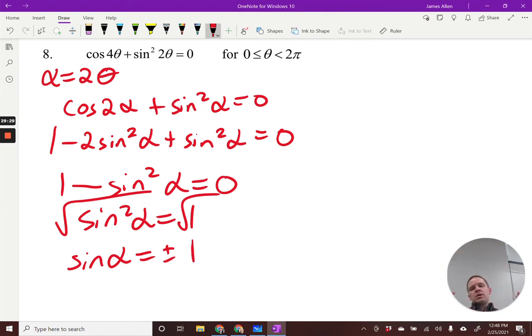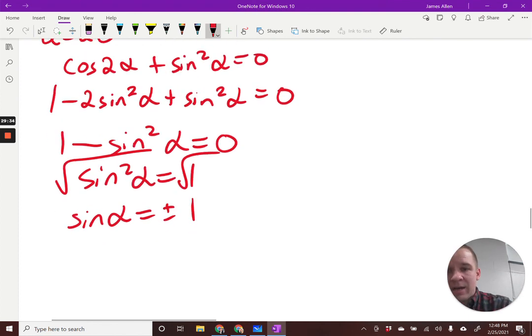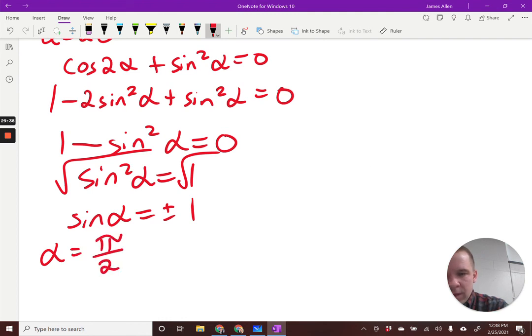Cool. So when does sine equal positive 1? Well, alpha is going to equal pi over 2. Where else? Nowhere else does it equal positive 1, but it does equal negative 1 at 3 pi over 2.